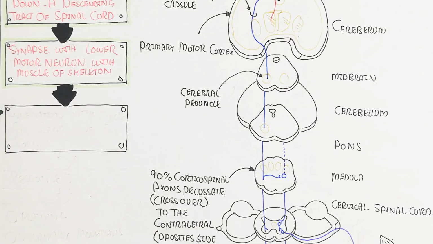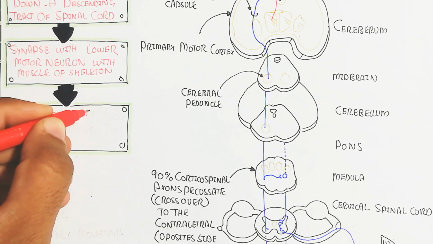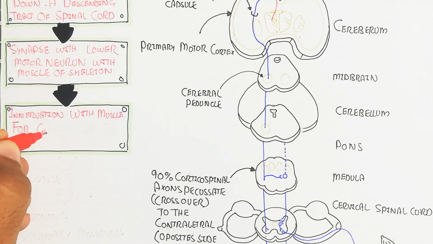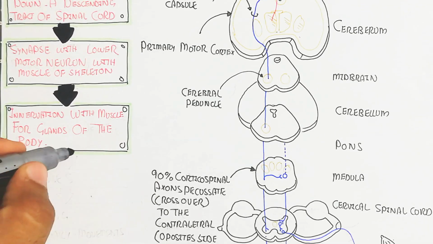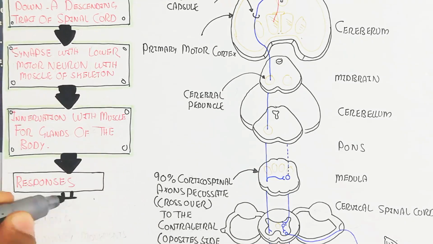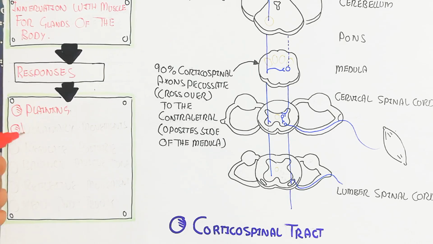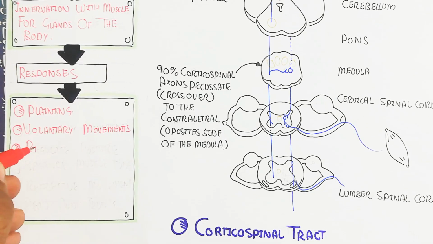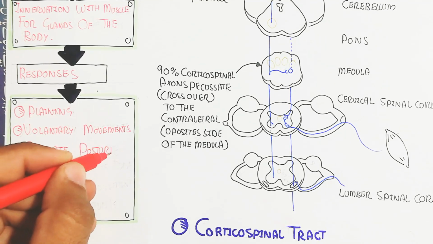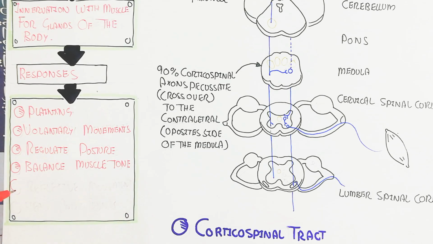So the planning, the voluntary movement, and basically the innervation of muscle for movement or glands of the body. The movement is targeted to the muscle and gives the response as planning, voluntary movement, regulation of posture, balance, muscle tone, reflexive movements, and head and trunk movement.